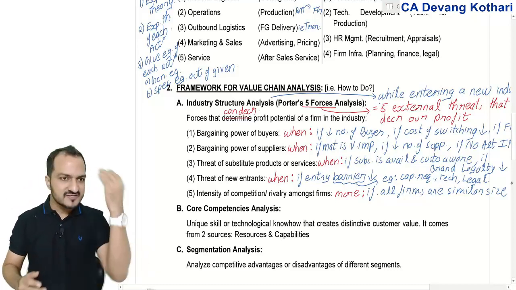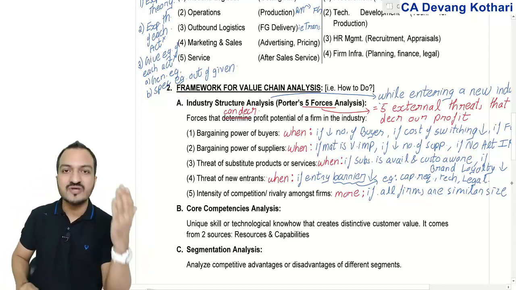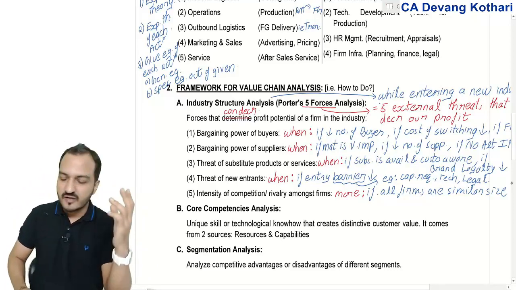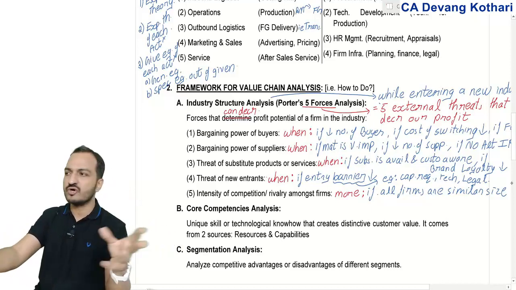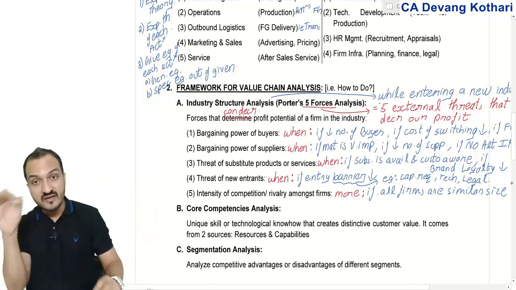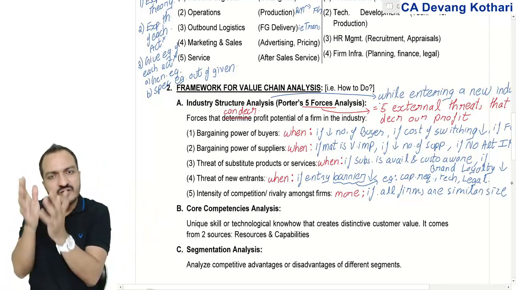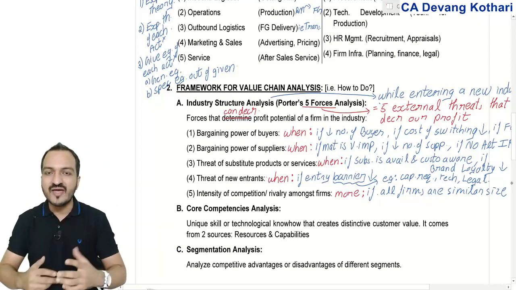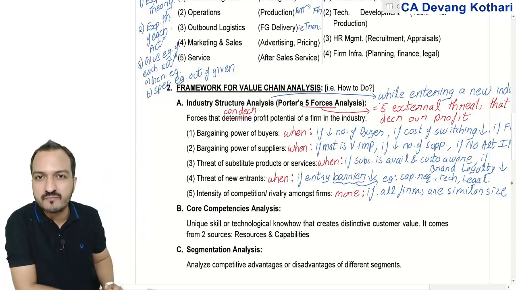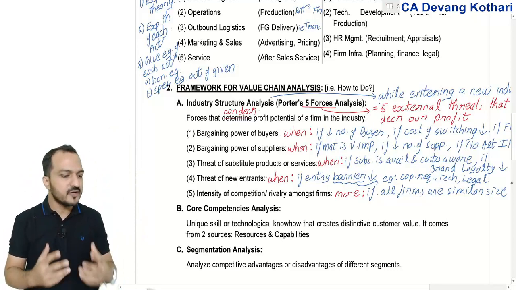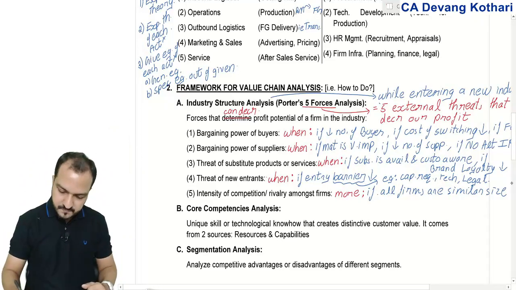Why? Because this one company who enjoys 90% share doesn't consider the remaining 9 as competition because they are all small. And the remaining 9 do not have intense competition among them because they are busy trying to beat that one big player. You understand that? So the intensity of competition will be less in that case.